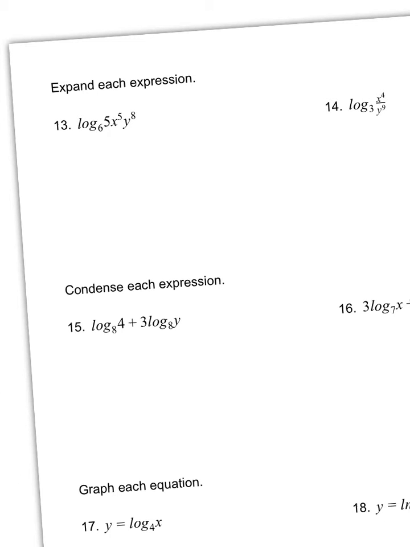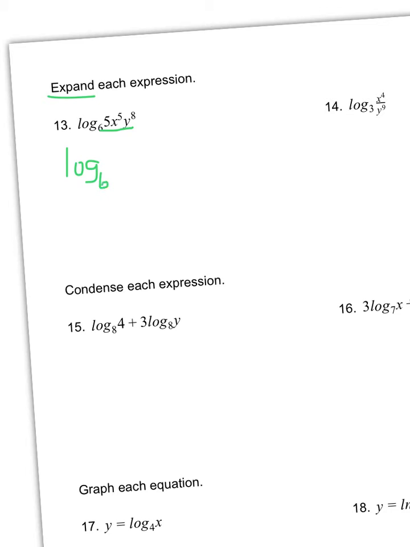All right, so we're on the back now. Number 13, directions say expand the expression. So we had certain properties we talked about in class that if things are multiplied together, we can split them up using logs. The property of logs says you can split them up using addition, so the product to addition rule. So I can split this up using log base 6 every time.